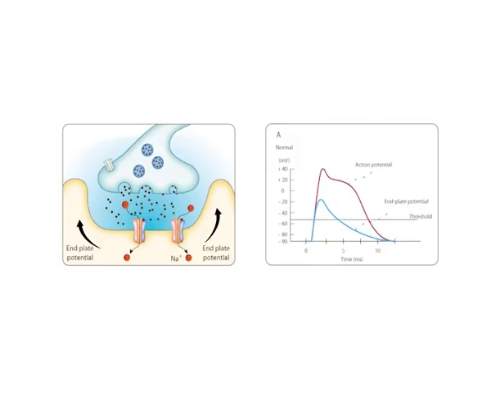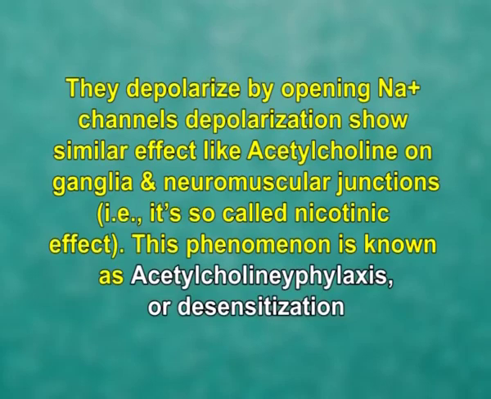Drugs in the category of depolarizing blocking agents depolarize the membrane of the muscle end plate. They depolarize by opening sodium ion channels. Depolarization shows similar effect like acetylcholine on ganglia and neuromuscular junctions. That is, it is so-called nicotinic effect. This phenomenon is known as acetylcholine excess or desensitization.